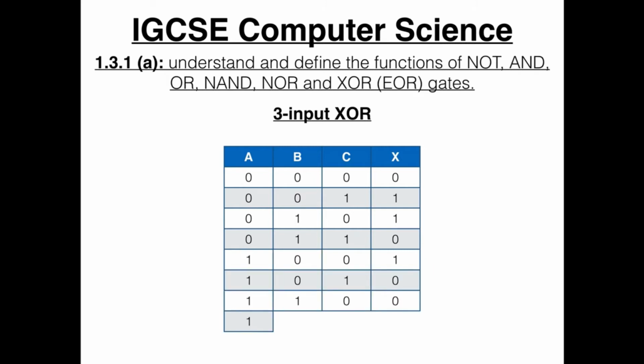Because the XOR gate actually works like this. Only one input, and only one input, can be 1 in order for the output to be 1. So if it's 0 or 2 or more, then the output is 0. So that's how a multi-input XOR gate works.